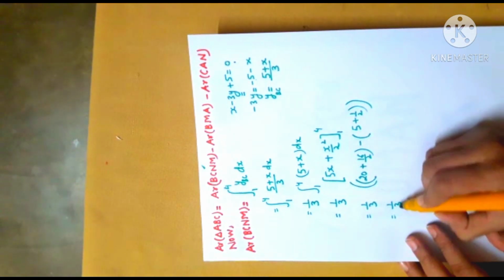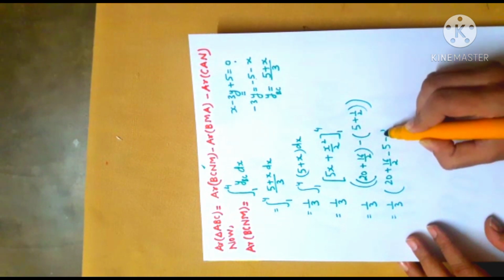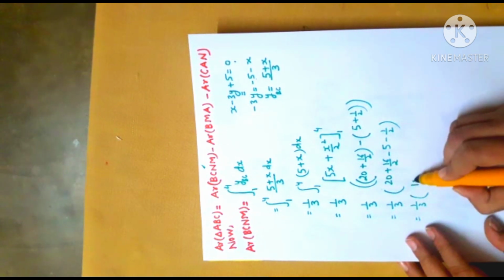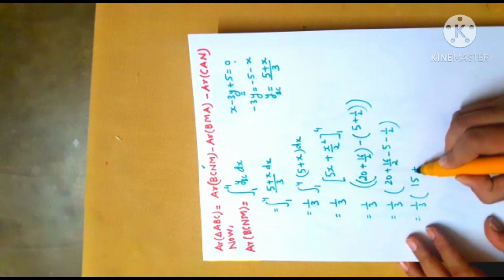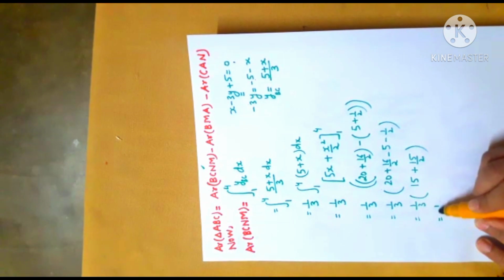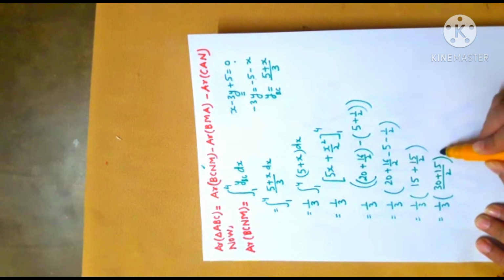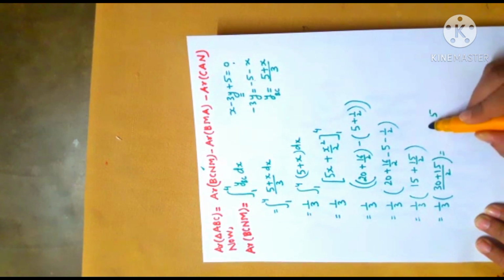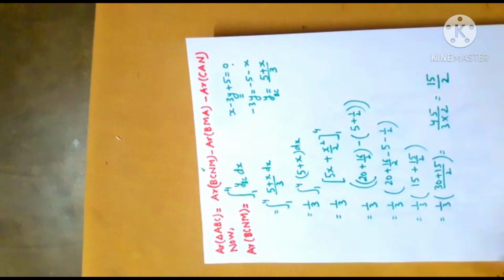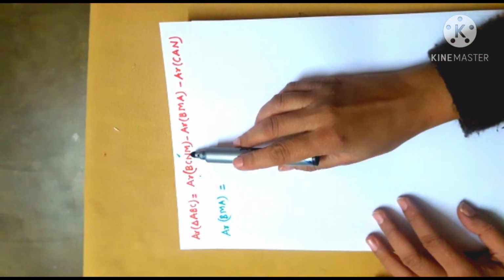So this is 1 by 3 times (20 plus 16 by 2 minus 5 minus 1 by 2). It's 1 by 3 times (15 plus 15 by 2), so 1 by 3 times (30 plus 15) by 2, that is 3 into 2. So I'll get 15 over 2. So I have got the area of the region BCNM.